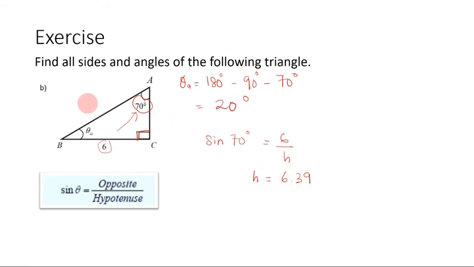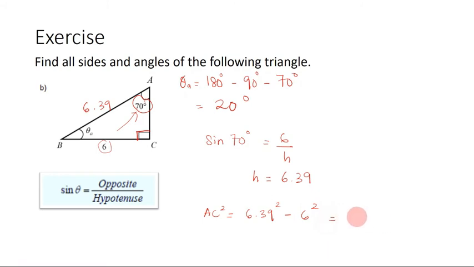Since we already know the hypotenuse 6.39, we can use the Pythagoras theorem to get the side AC. So we want to find AC squared is equal to 6.39 squared minus 6 squared.